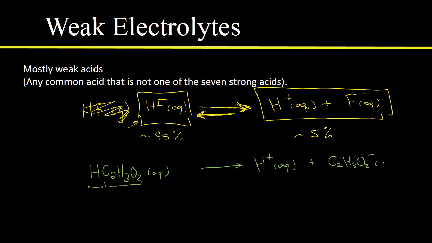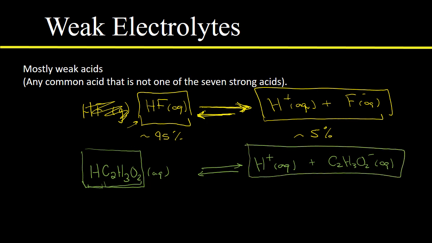The acetates remain together, okay, but it breaks apart into hydrogen and acetate. Then these two in solution have a tendency to recombine, so that at any point, most of the acetic acid molecules are in this form. Again, probably about 95% in most cases, and a minority of the acetic acid molecules are in this dissociated form in which they're broken apart into ions.